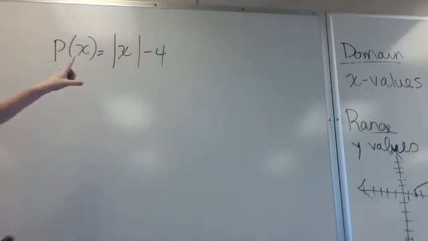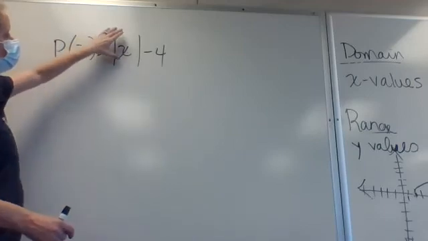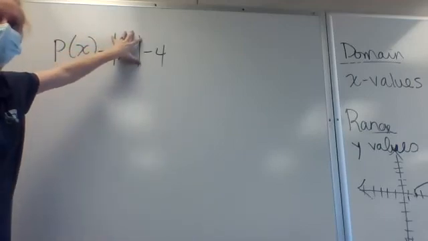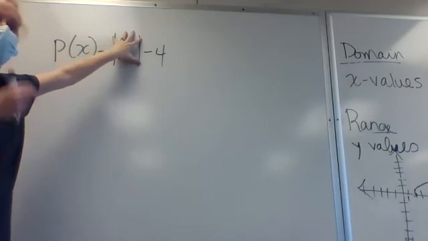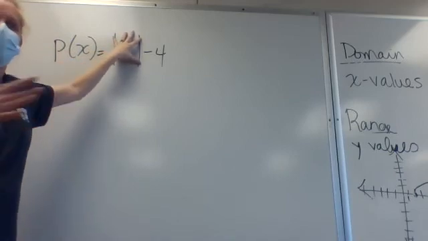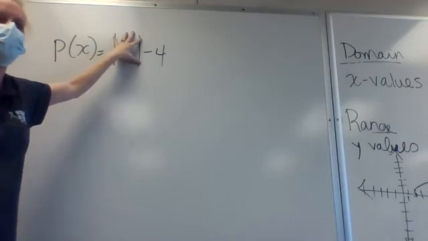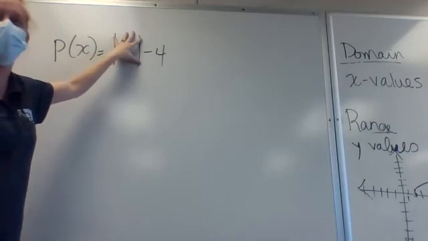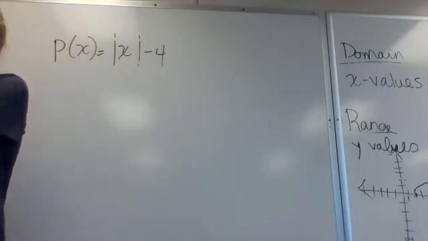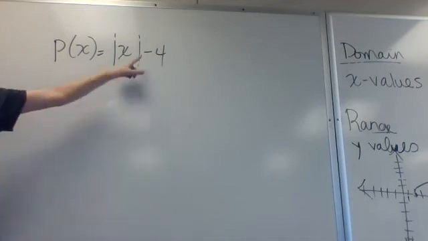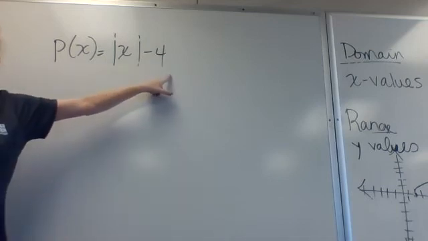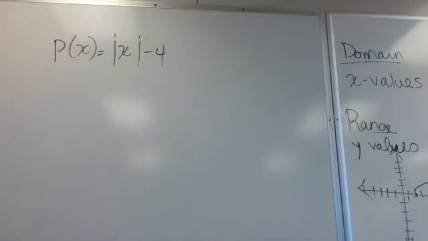Because if you think about it, if you're plugging in for x, what are you going to do to it? You're going to take the absolute value of it. And it doesn't matter what that number is. You can tell how many spaces away from 0 it is, even if it's a fraction, if it's negative, if it's positive, if it's rational, irrational, there's all kinds of things you can think of. You can still tell the absolute value of it and then subtract 4 from whatever that is. There's nothing you wouldn't be able to do that to.